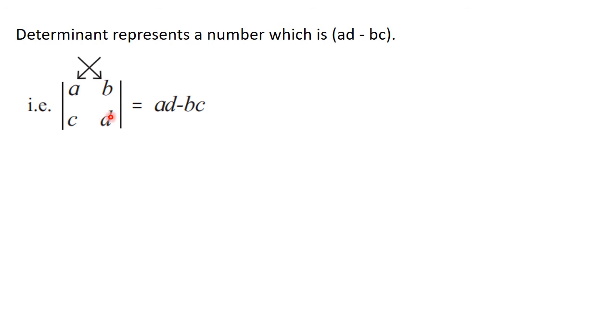A into D, you have to go for cross multiplication. And then the minus sign is there by default. Don't write plus here. A into D minus B into C. You have to go for cross multiplication. Got it? So the value of this determinant is AD minus BC, or the determinant represents the number which we obtained by the cross multiplication here.